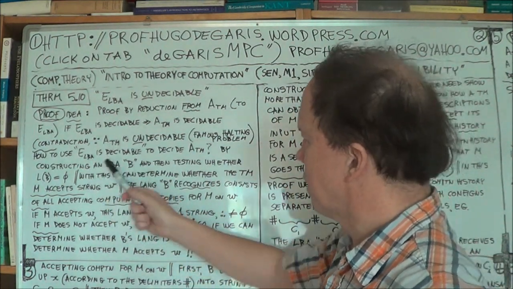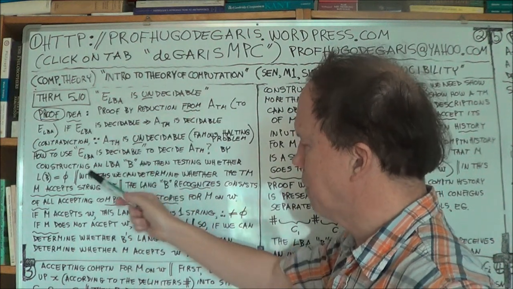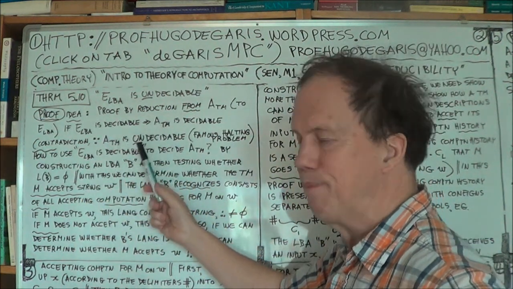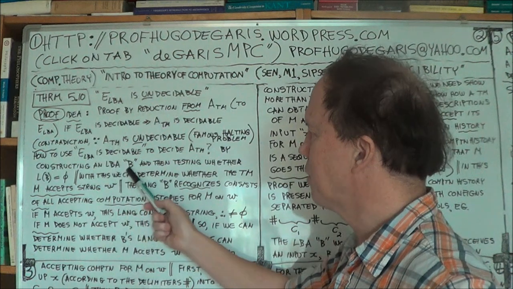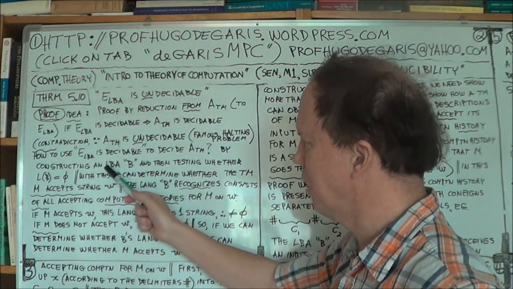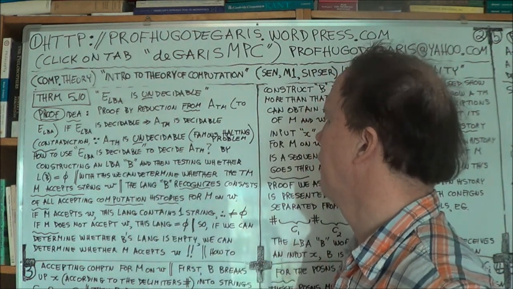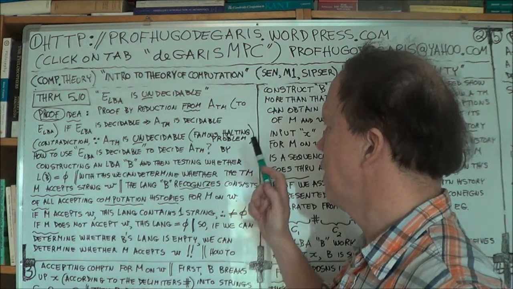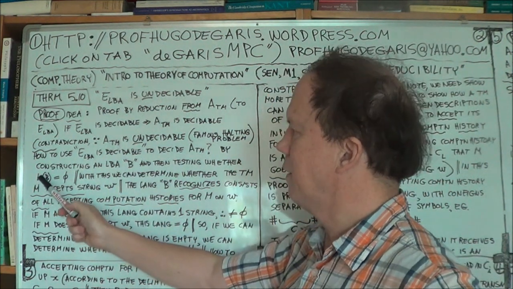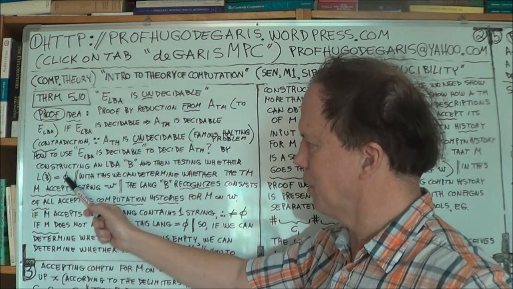Alright, so what we're going to do is construct, so it'll be a proof by construction, partly. We're going to construct a Turing machine, an LBA type Turing machine, call it B, and test if its language is the empty language.